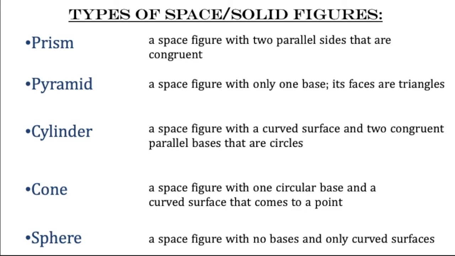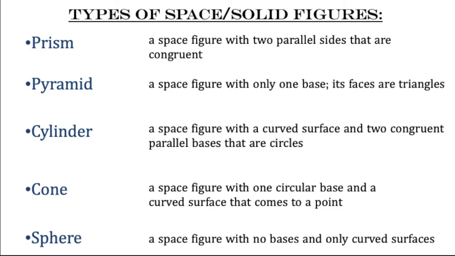Step two, find the area of each face. Then the last step is you add all of the faces together. So those three steps are the basic steps that you need to calculate the surface area of three-dimensional objects.